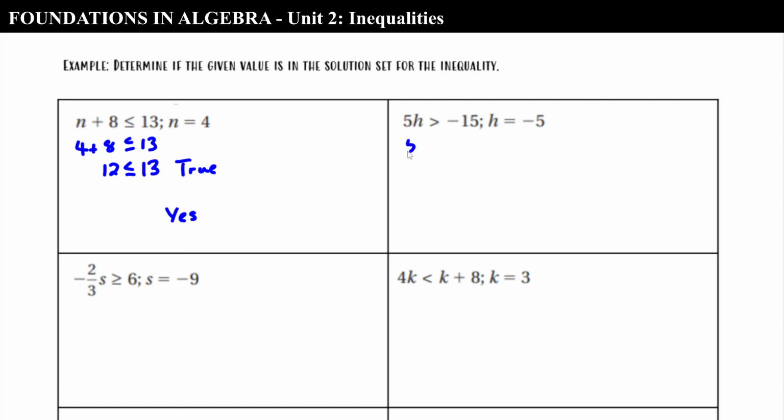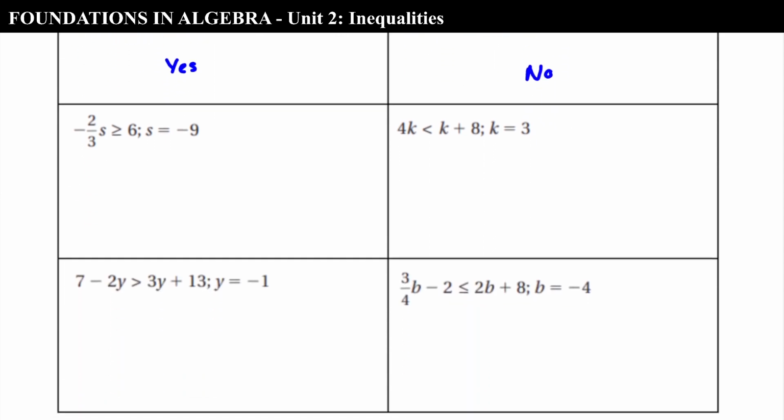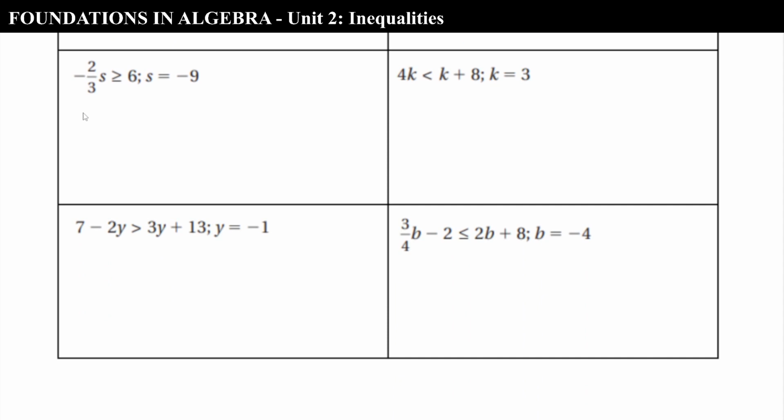For this one, we're going to plug in negative 5 for h. Negative 5 times 5 gives us negative 25. Negative 25 is not greater than negative 15. So, since this is false, negative 5 is not in the solution set. For this one, we are going to plug in negative 9 for s.